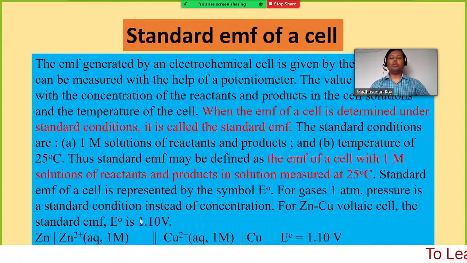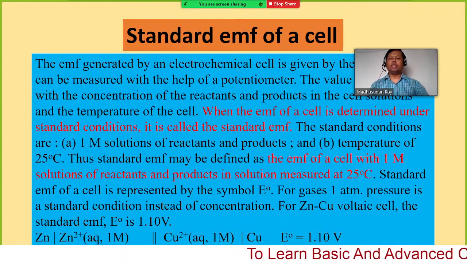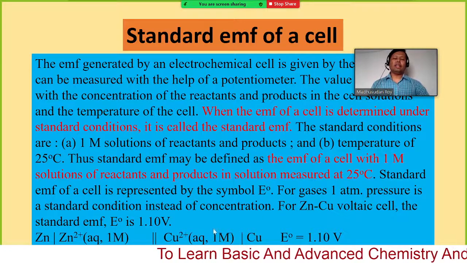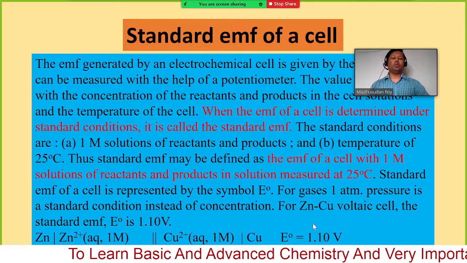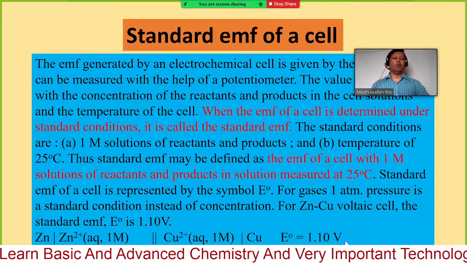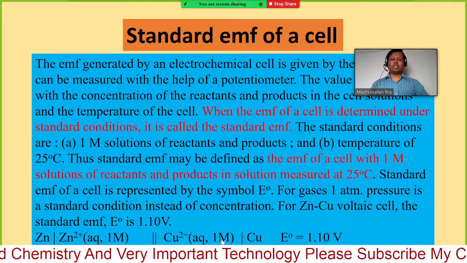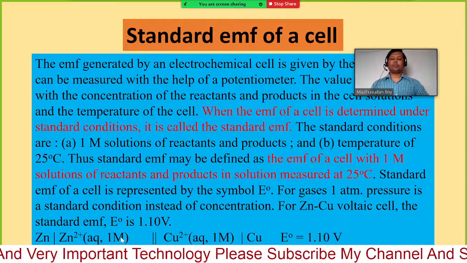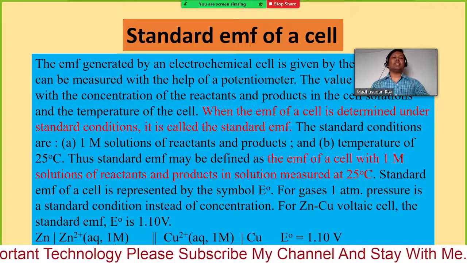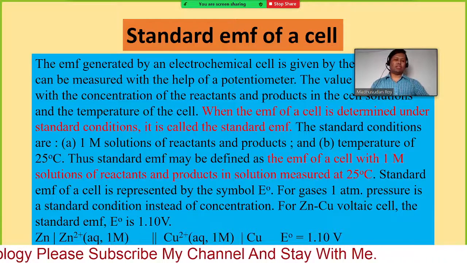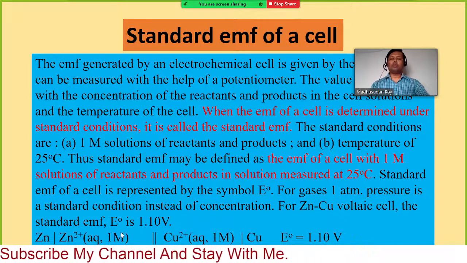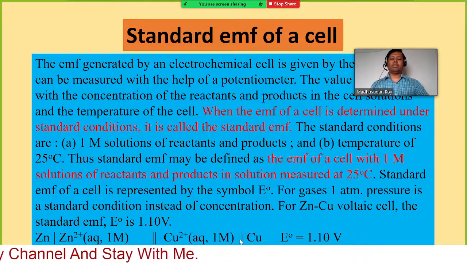So when you prepare any cell out of these types of electrode and electrolyte, you will get the output as 1.10 volt. But if you change the concentration of either this one or this one, you can get more or less, because if you use more concentration for both of them, you can have a higher electrode potential.